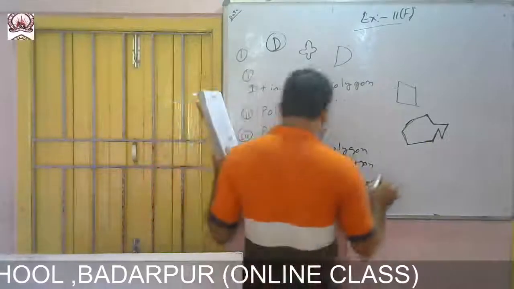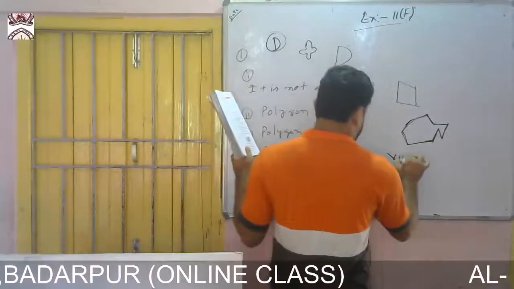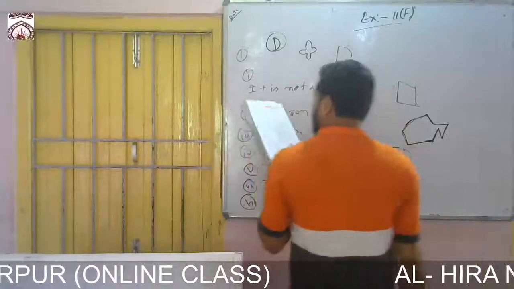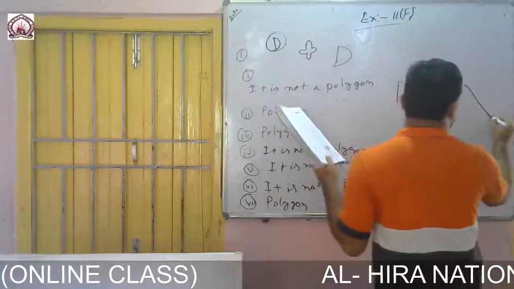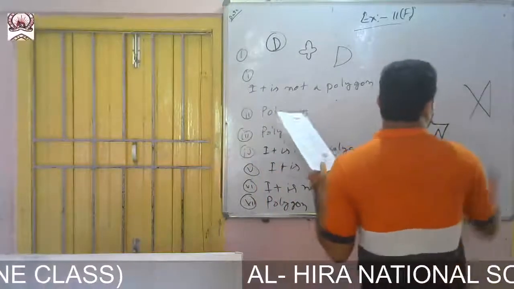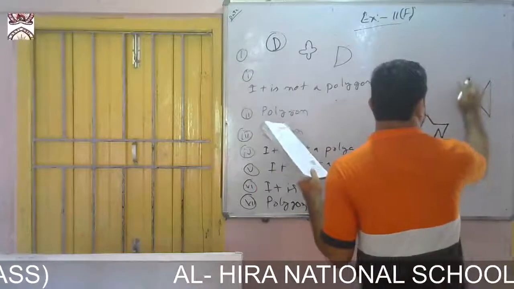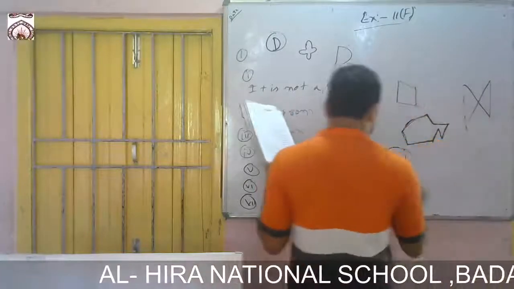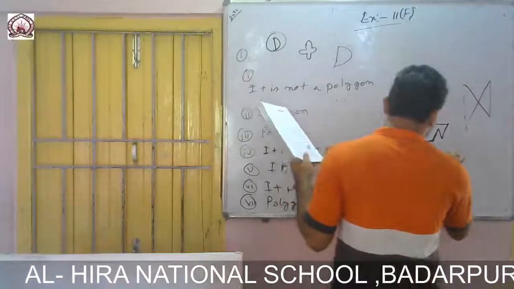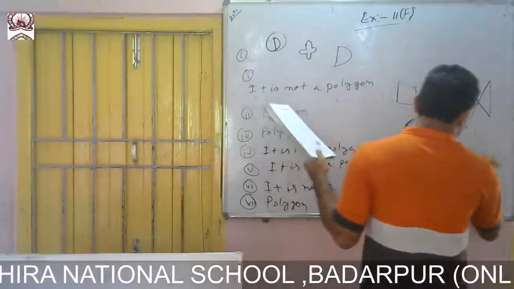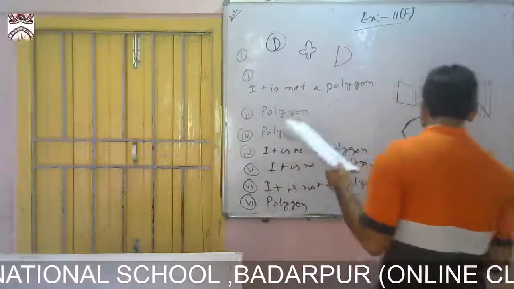I am just writing the answer, okay. Now come to question number 8. It is like this. You see, it is not a closed figure, it is an open figure, so it is not a polygon, okay.